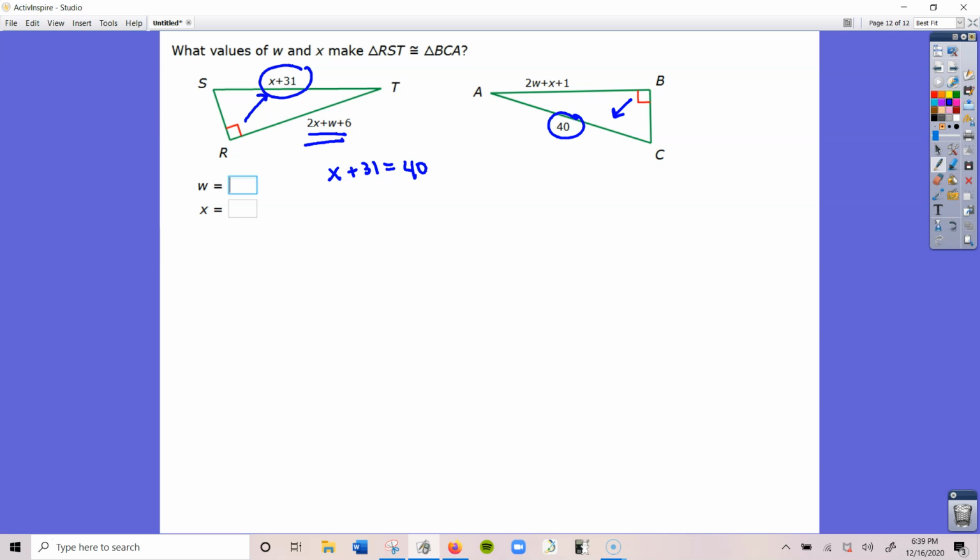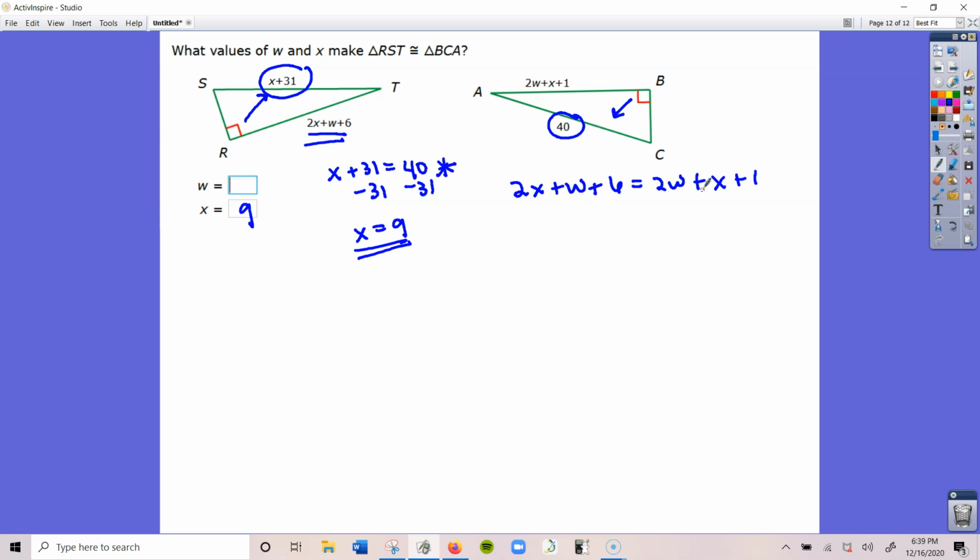And then 2x plus w plus 6 has to equal 2w plus x plus 1. When you're trying to solve for both of these variables, start with the equation that has only one variable. So here I would subtract the 31, and you get that x is equal to 9. So that part is done.